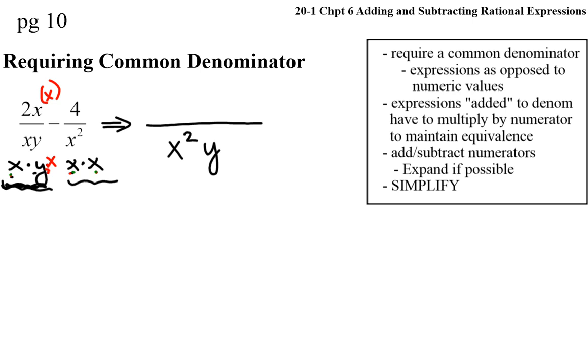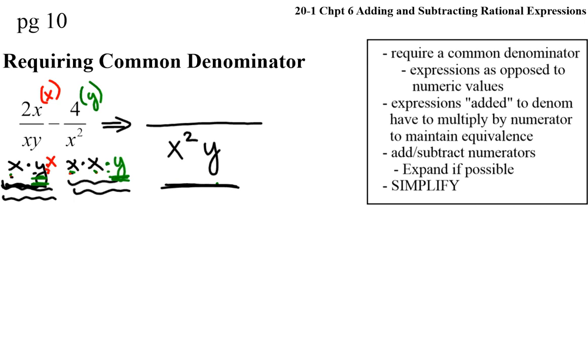That had an extra x, but this doesn't have the y. So we need to multiply by a y to make sure it has the y that that denominator has. If I'm going to multiply by y to put it into my common denominator, I need to multiply by y to keep it equivalent. And so now I have two x's and a y, two x's and a y, so my common denominator is x squared y.